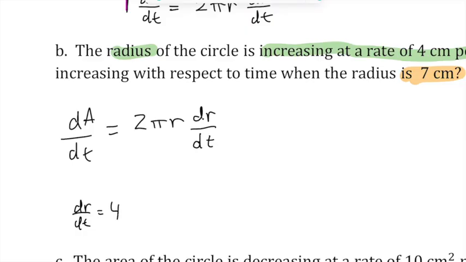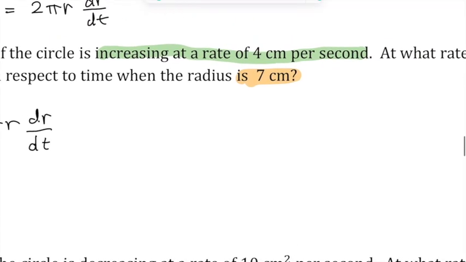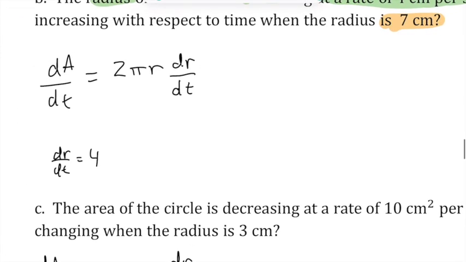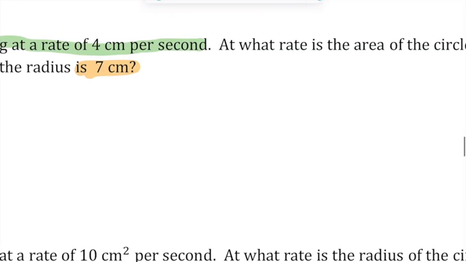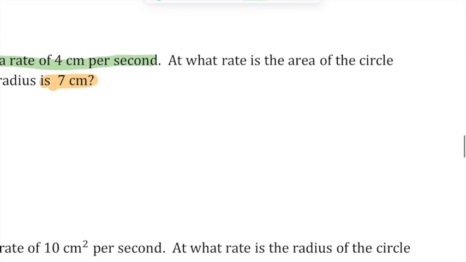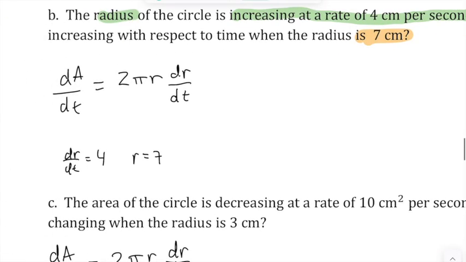It's positive because it's increasing. And then we have what the radius is: r equals 7. And just to be sure, it says at what rate is the area of the circle changing with respect to time, so we're trying to find dA/dt.